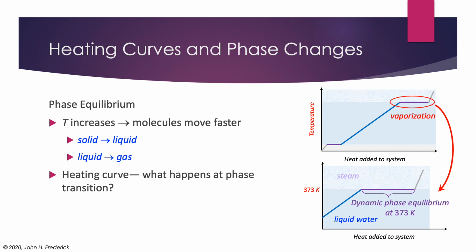That phase equilibrium is a place where the water in the liquid phase is exiting to go to the gas phase, but we also have gas phase molecules that are re-entering the liquid phase and becoming liquid. So it's a true equilibrium in the sense that there are particles going back and forth between liquid phase and gas phase, and it's all happening right on that level part of the curve.